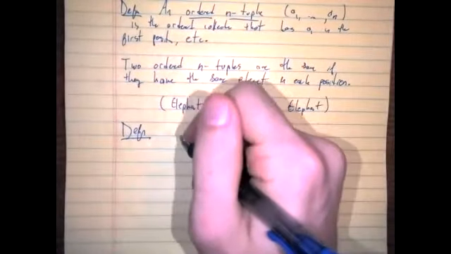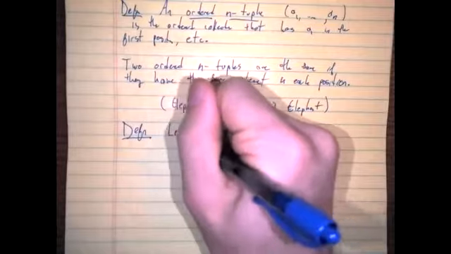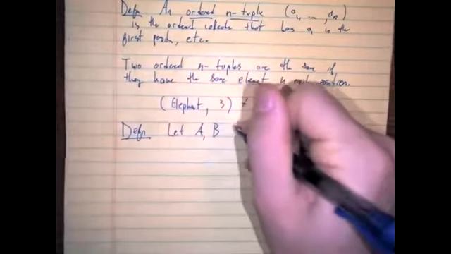The Cartesian product of two sets. So let A and B be sets.